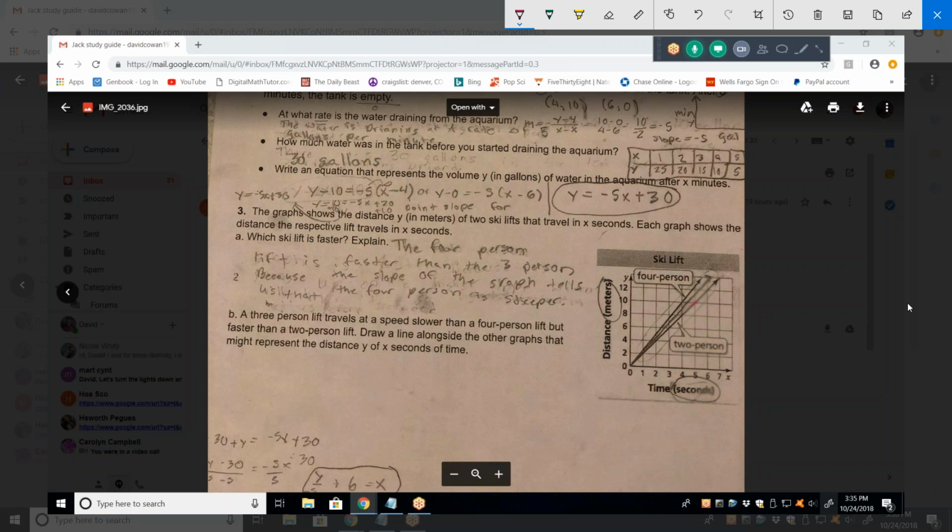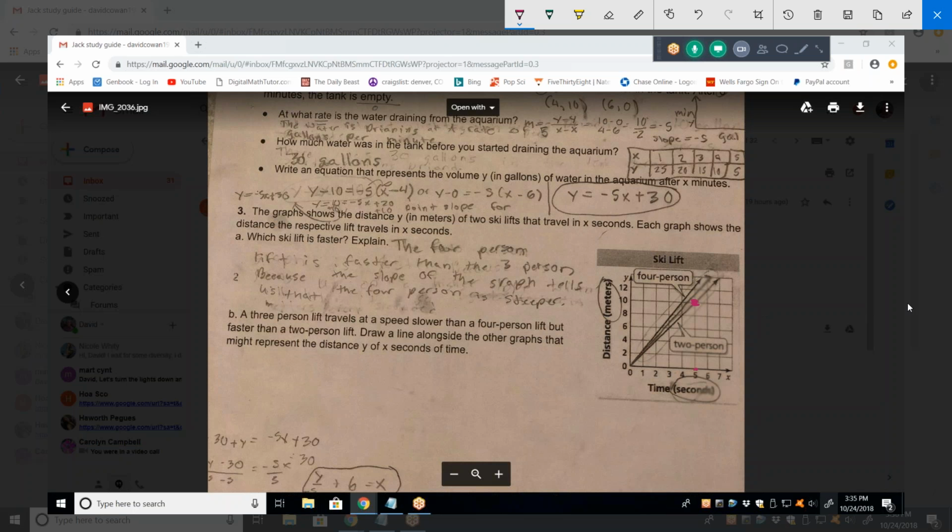So, okay, if we take 5 seconds and the 2-person chairlift, how far does it go? It would go, shoot. I remember this. I know this. You're not calculating anything. What you're doing is reading the graph, and you're looking over at the vertical axis.